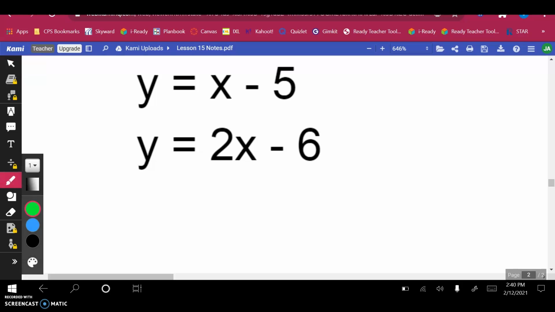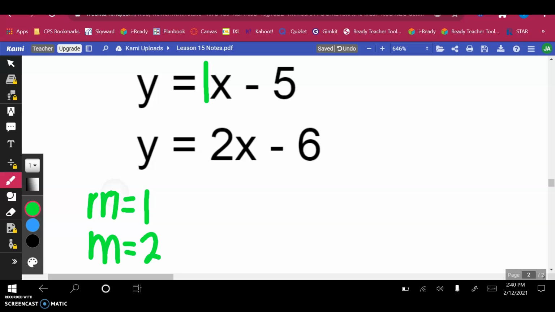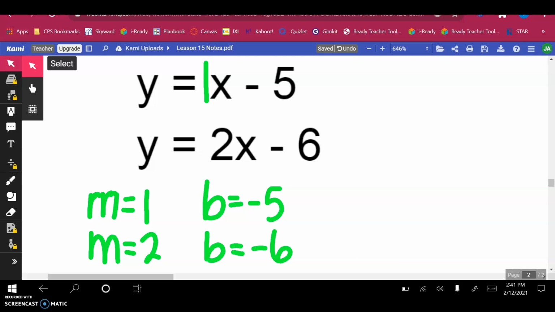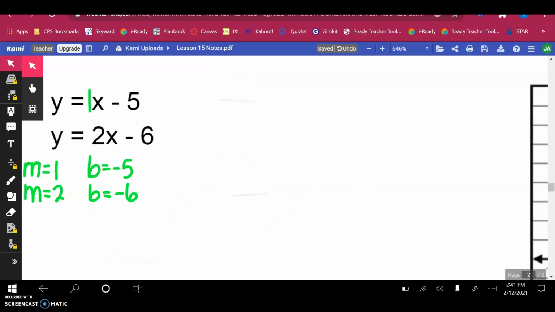If there's not a number in front of x, it's a 1. So we have m equals 1 and m equals 2 for the two equations. And b is the y-intercept. For the first equation, b is -5, and for the second equation, b is -6. So different slopes, different y-intercepts.